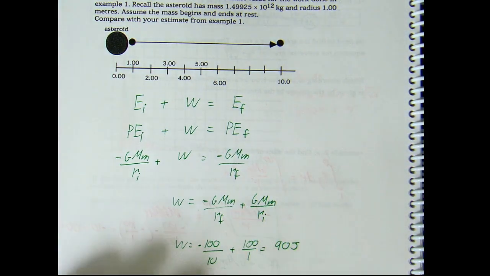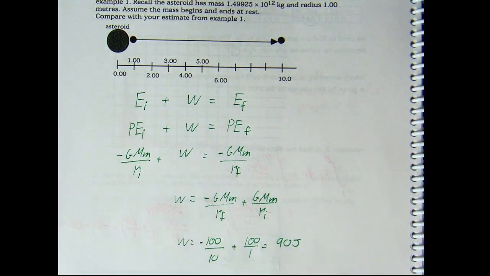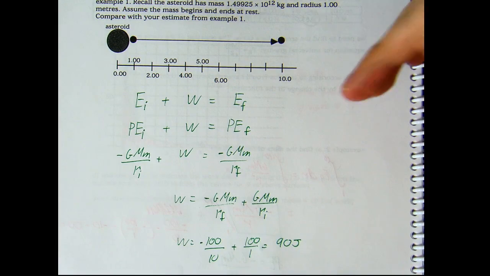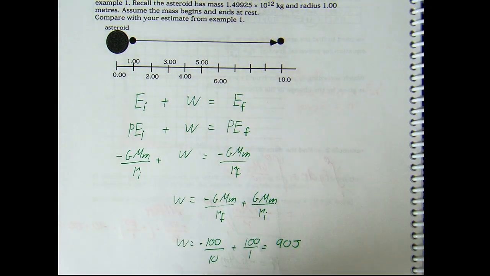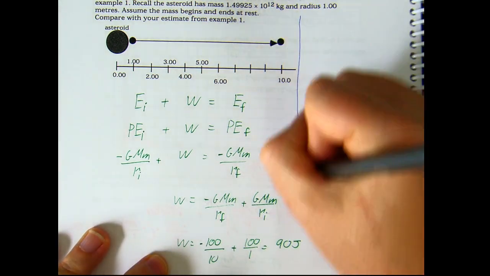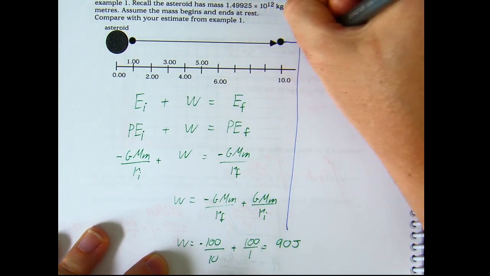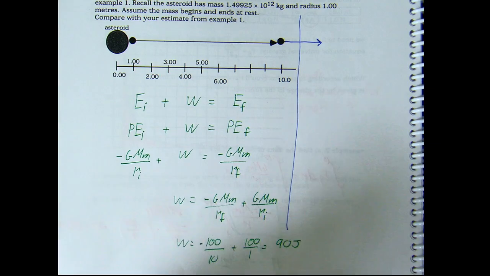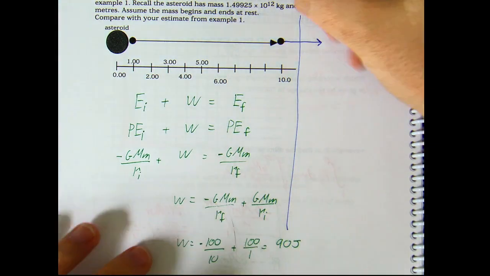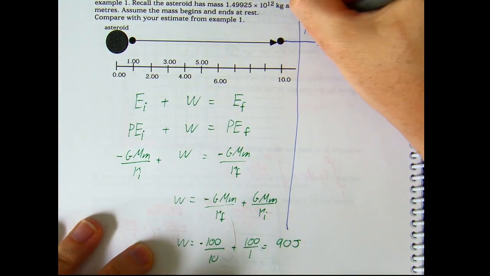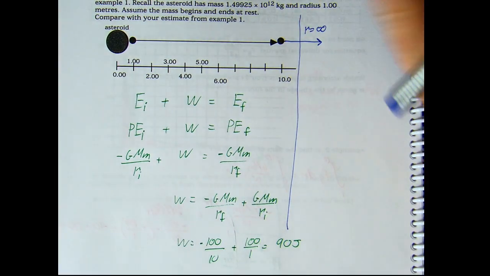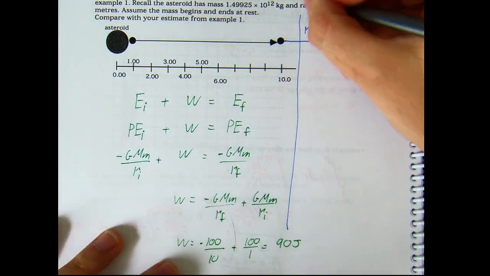An interesting result here is if we take this further, which is actually the example on the next page. I'll just do it right here on the side to keep it all together. What happens if we take this guy and move him off to infinity, we move him away forever. So let's say that the radius here is infinity. Take a look at what the mathematics says is going to happen.